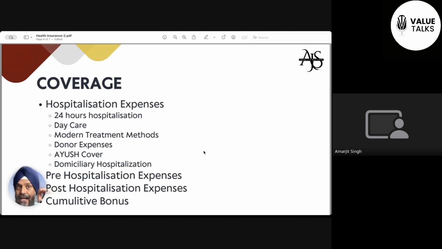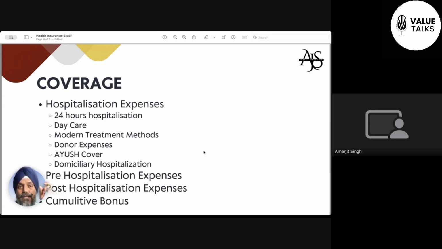Generally, as I have seen in common trend, when super top up triggers, somebody suffers from cancer and the sum insured of the basic policy is exhausted, and then he goes for chemotherapy or radiotherapy, and those are quite expensive, but continuing treatment, in that case this policy triggers, and daycare treatment is also covered.